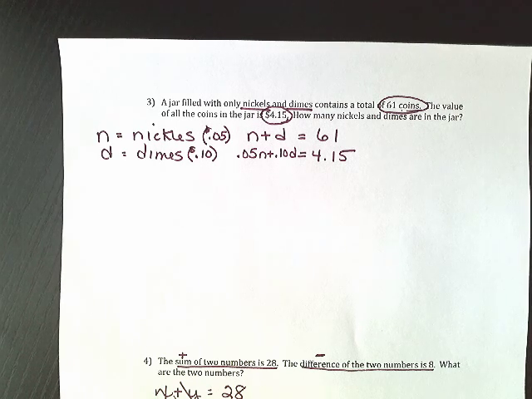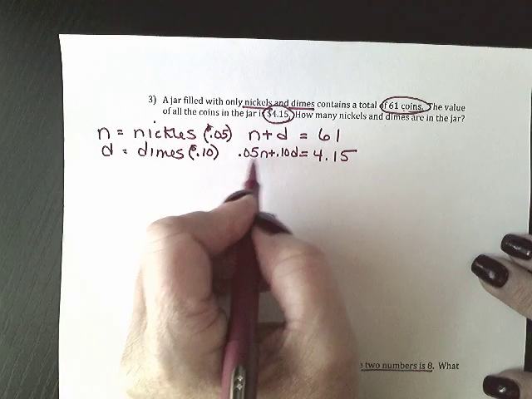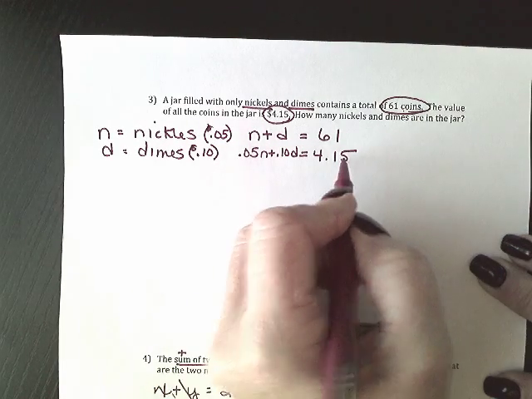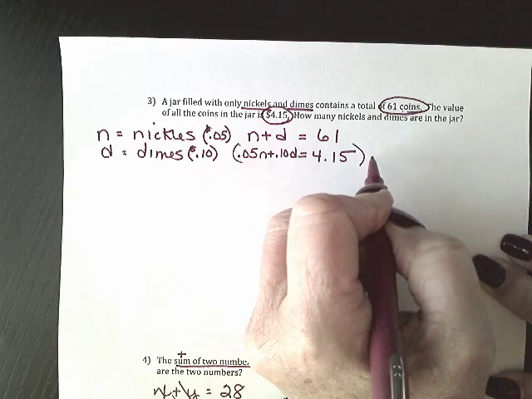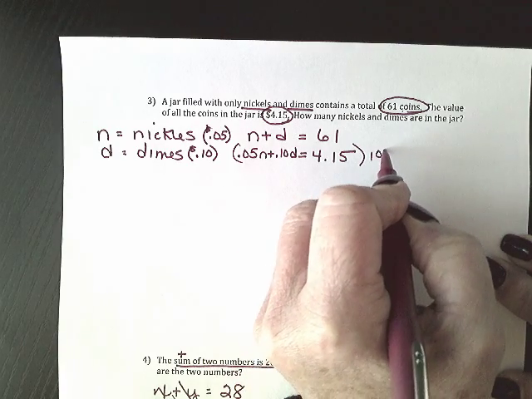Now, if you remember way back when we were solving equations last year and we were dealing with decimals, we said, oh, who wants to deal with decimals? Let's get rid of them by multiplying by a multiple of 10, depending on how many place values we need to eliminate. So I have to eliminate 2 here, 2 here, and 2 here. So let's multiply this whole thing by 100.